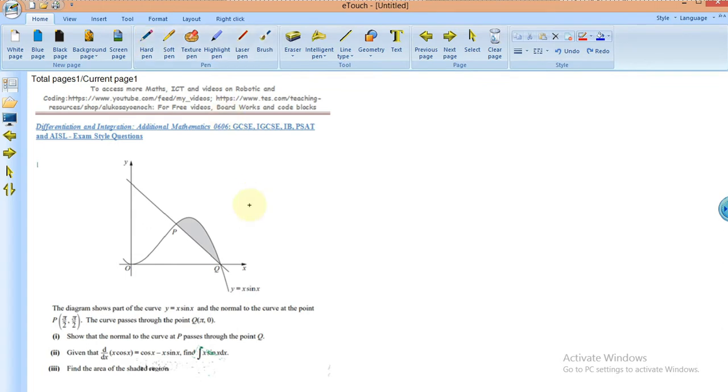Don't forget that the equation of a line in coordinate geometry, you recall, is y minus y1 equals m into x minus x1, and that m is the gradient. Don't forget it, m here is the gradient.